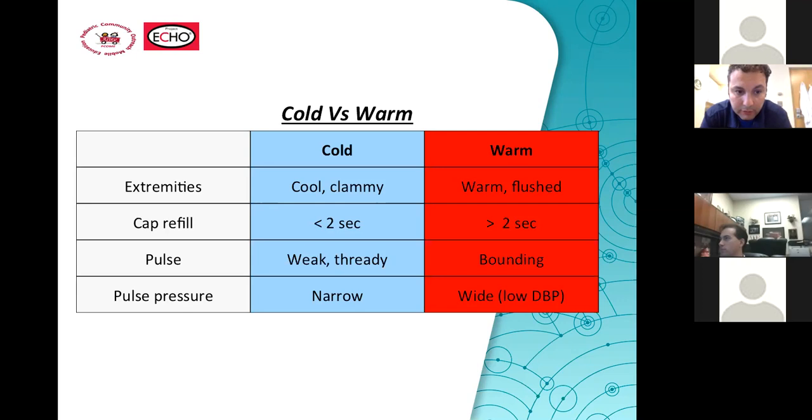So usually a cap refill of less than 2 seconds with bounding pulses and a low diastolic pressure. A fair amount of our pediatric patients are the other way around. They have cool extremities, they're clammy, and their pulses are very weak with narrow pulse pressures. And I think that's probably one of the most important areas in deciding which blood pressure medication we're going to use for these children.